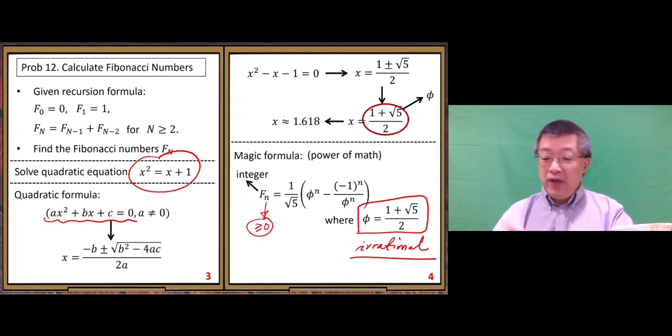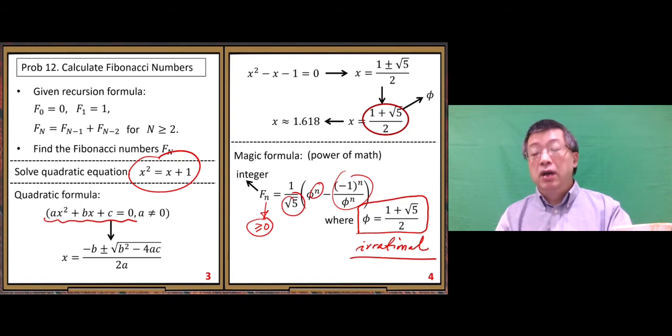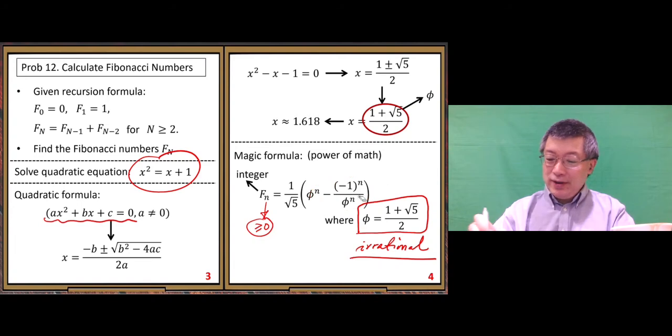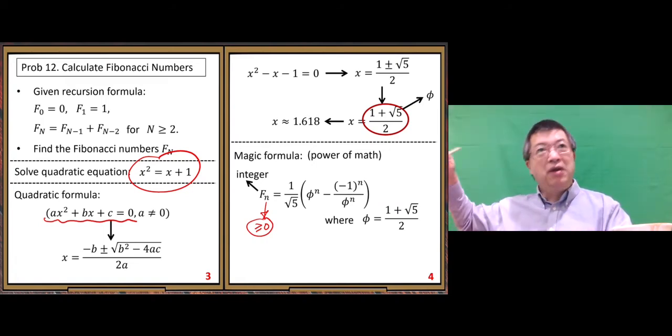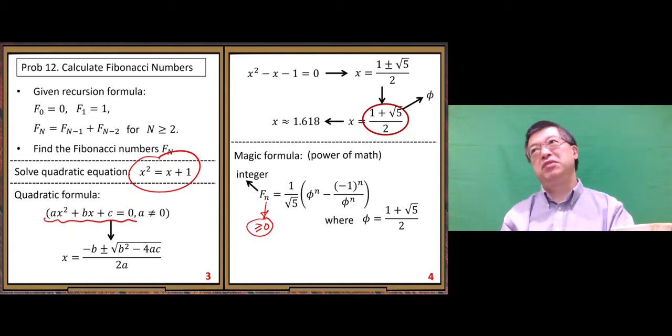Then you raise it to the nth power, then you do the reciprocal, divided by root 5. Suddenly it becomes an integer. It's unbelievable. But after long math calculation, using 2 or 3 videos, finally we will see it is not just correct, it is a perfect formula.